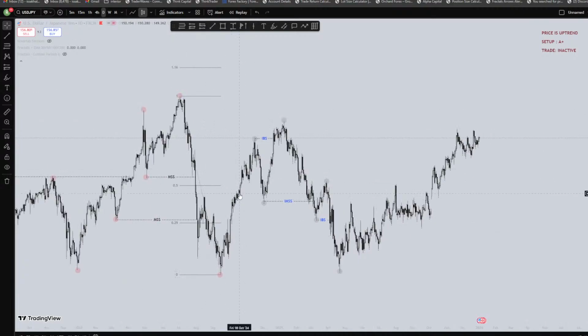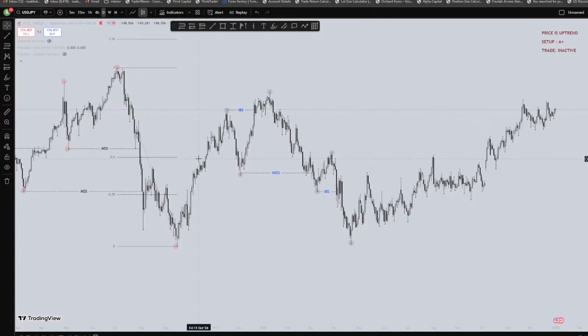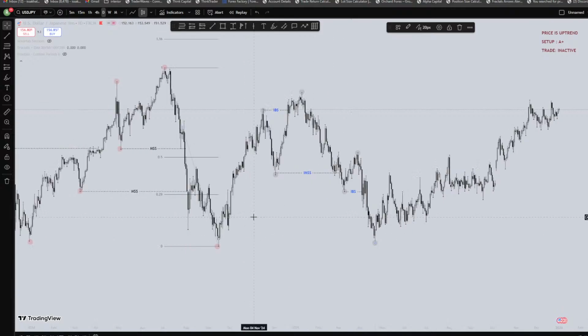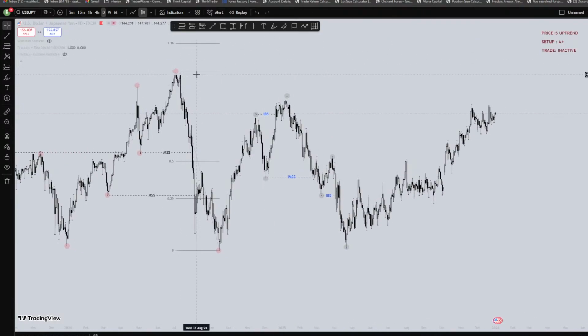So it's still in range. All these are internal, so even if we had to ignore that, you see this is valid. You can't mark this out because it's behind, it needs to be in front.